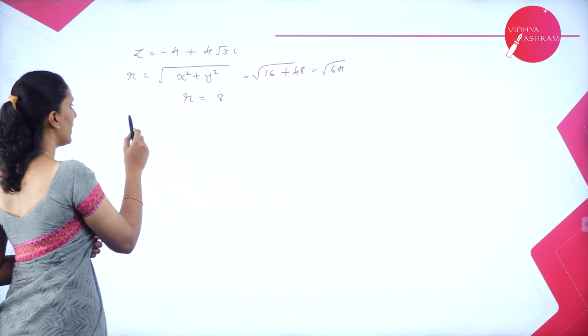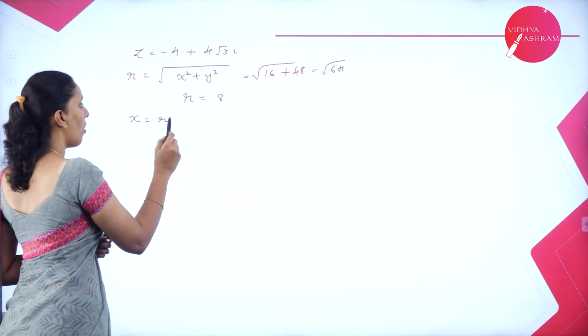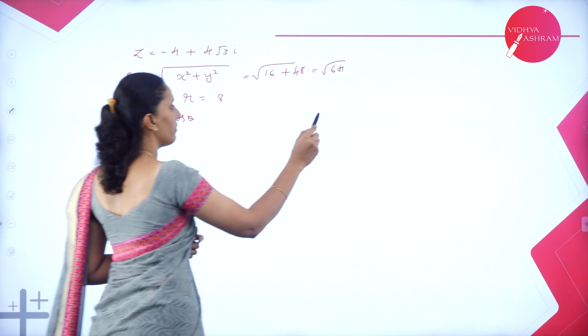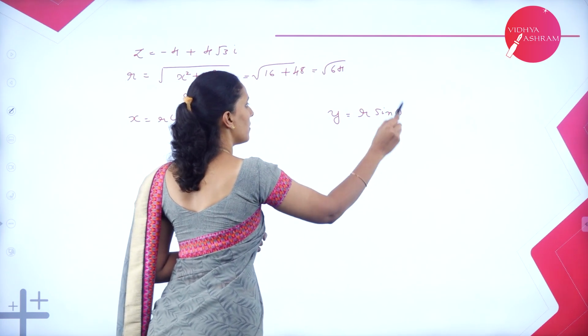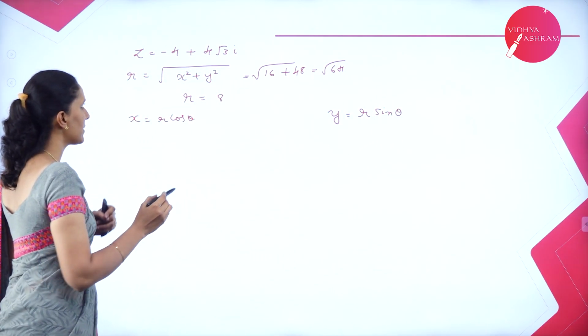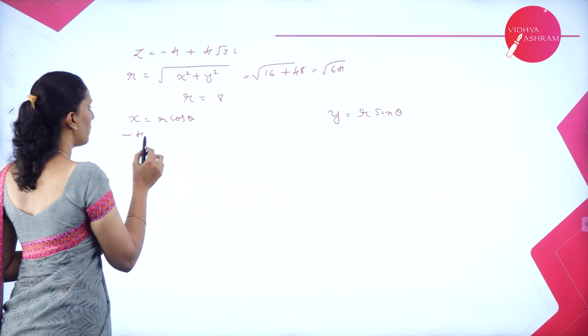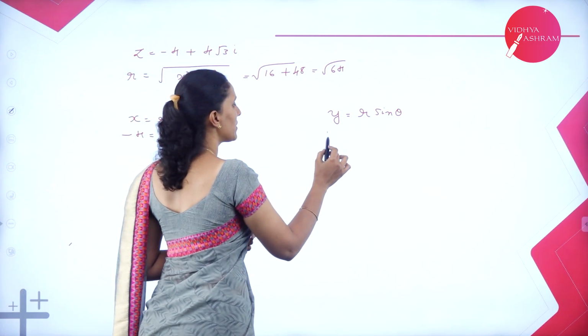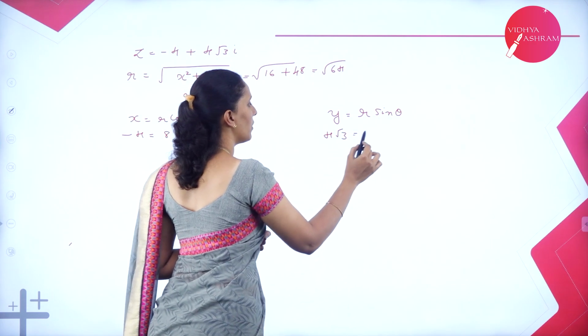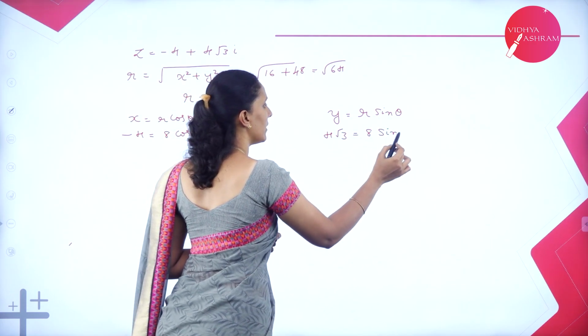Next, we know that x is equal to r cos theta and y is equal to r sin theta. So now x value is minus 4 equals 8 cos theta, y value is 4 root 3 is equal to 8 sin theta.